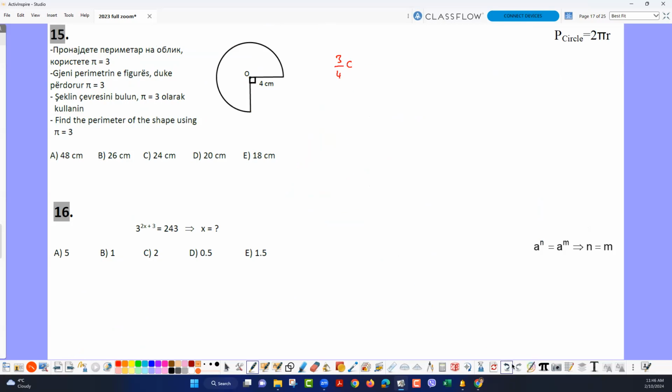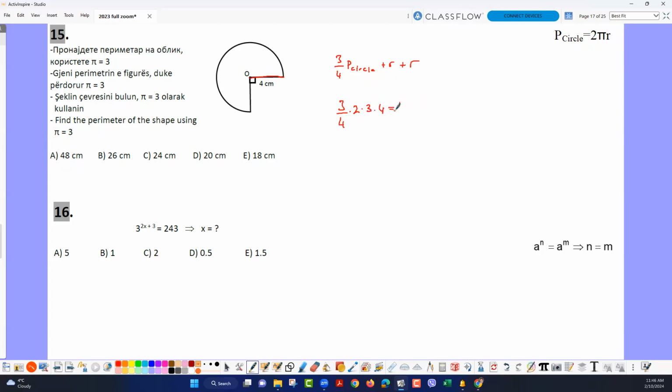We are showing the perimeter in English with P circle plus radius, this radius plus R. So here in the formula, we are going to write 3/4 times 2 pi R is perimeter of circle, but 2 times pi is given in the question. Use pi is equal to 3. So 2 pi times R is equal to 4.